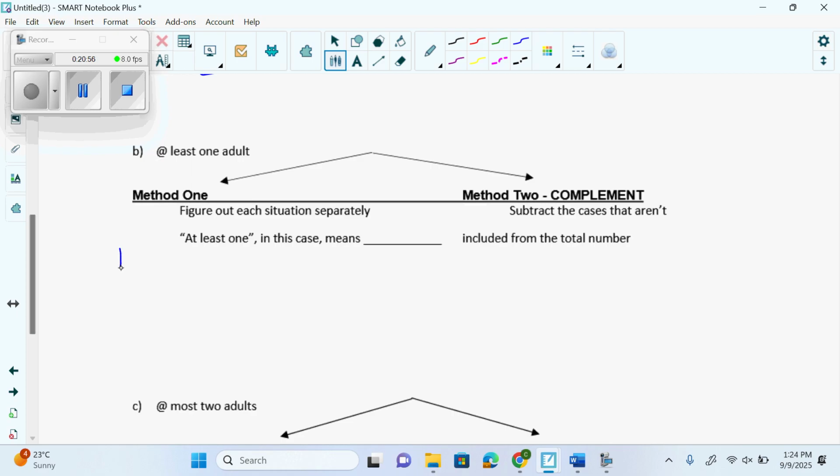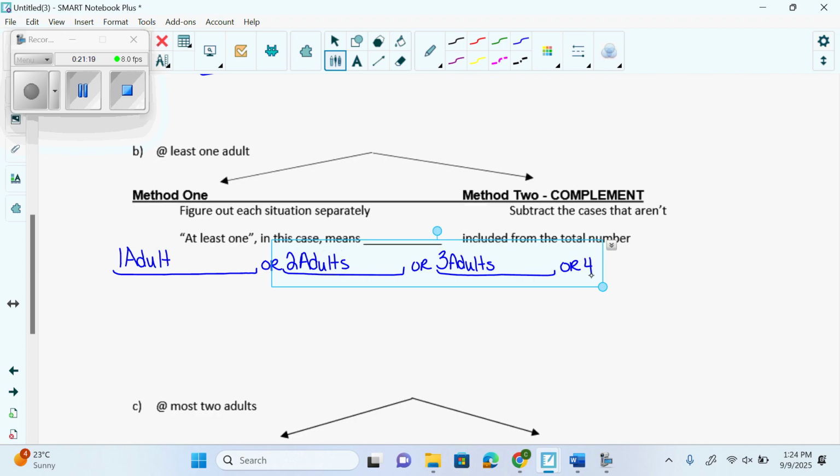So we're going to have 1 adult, or 2 adults, or 3 adults, or 4 adults, or 5 adults.